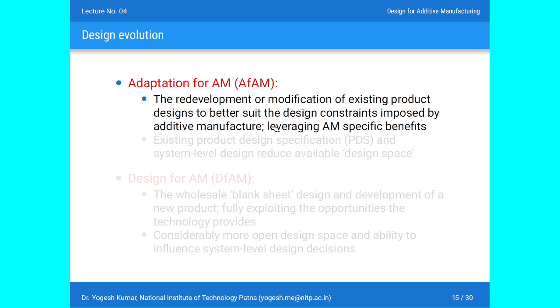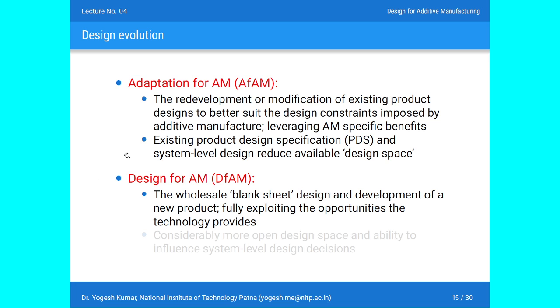These requirements are specific to additive manufacturing. The existing product design specification and system level design reduce your available design space. We will discuss these two things in the next case study, and the role of these two items.